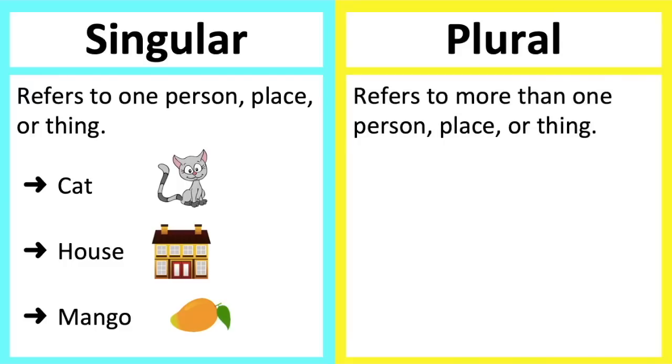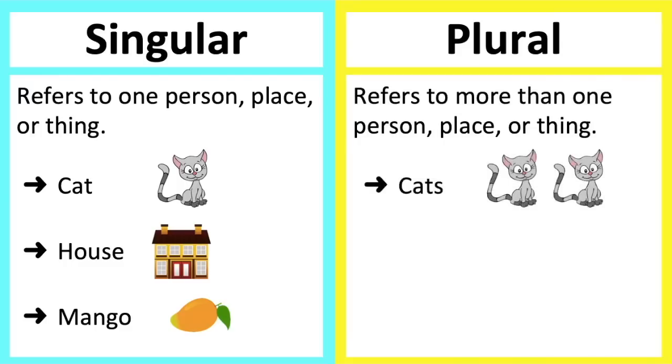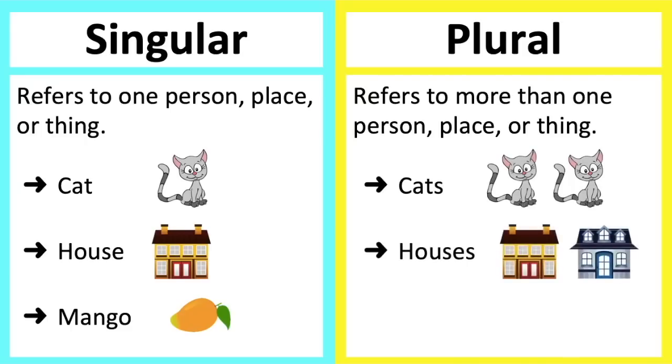For example, cats, houses, mangoes. Notice that the plural nouns either end in the letter S or ES. There are different plural spelling rules that you need to learn about, as plural spellings differ depending on the letters in the words.